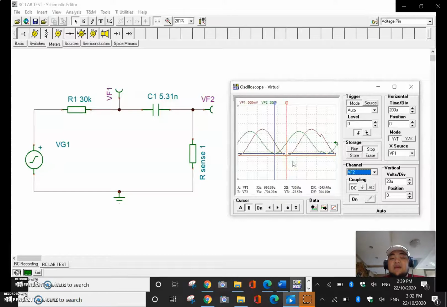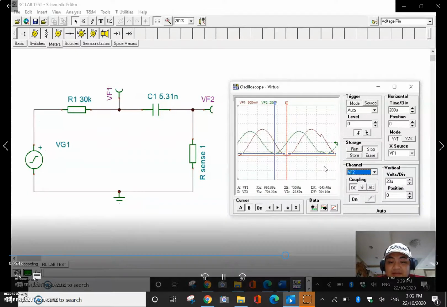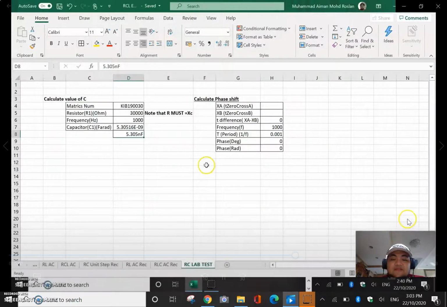Now, once we have found the values, which are our XA and XB, as you can see on the oscilloscope here, it is at 996.39 microseconds for XA, and for XB 750.9 microseconds. So we can now go to the Excel and calculate the phase shift.